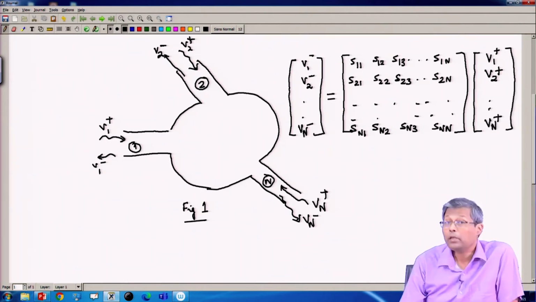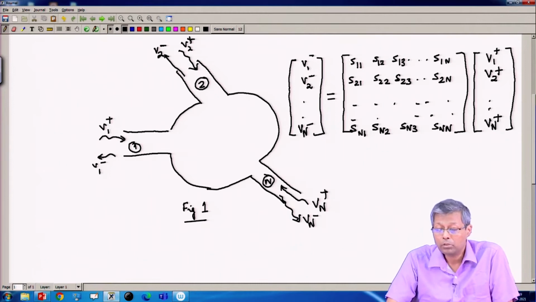So, the left hand side, as I said, denotes the reflected voltage wave, that is equal to the scattering matrix times the incident voltage waves. So, this is the mathematical description of this circuit.